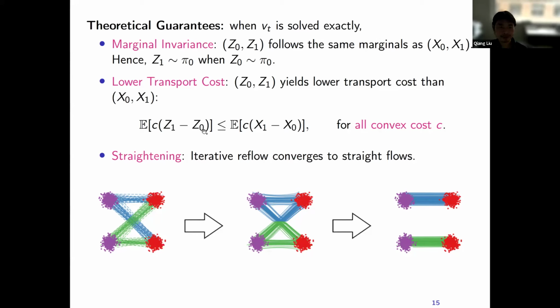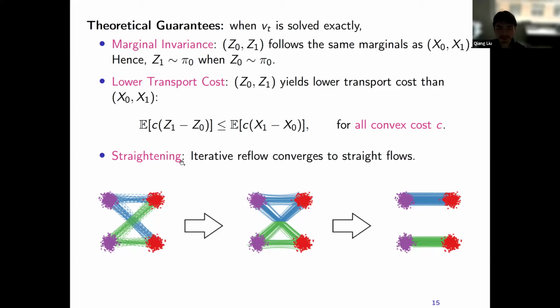Intuitively, you can sort of see that if you have, for example, quadratic cost or L1 cost, you can see it from the plot, where you can simply apply a triangle inequality and get the result, right?